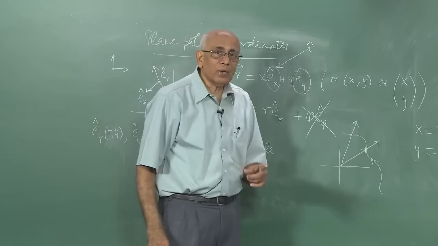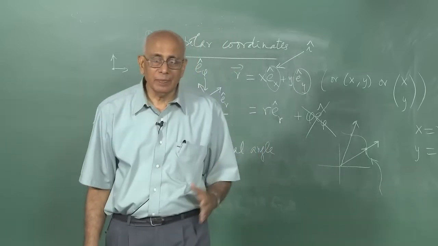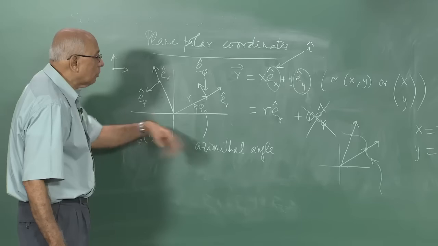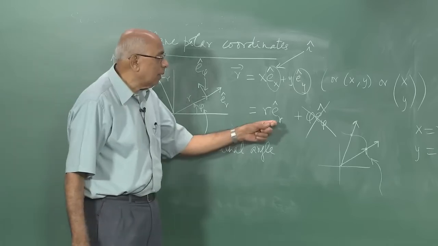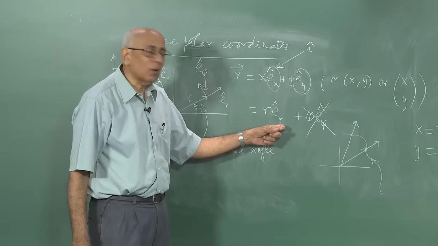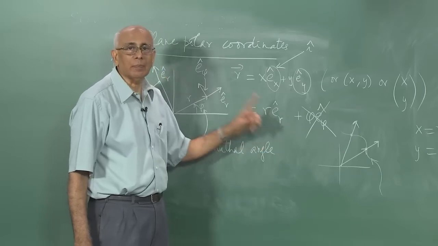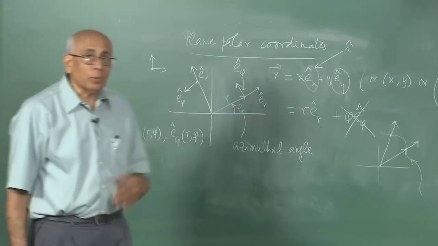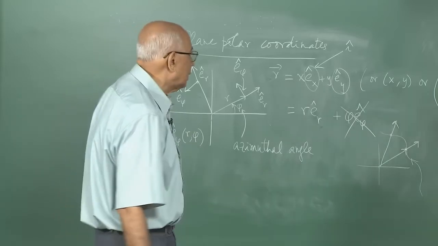So the unit vector also changes with time as the coordinates change with time, and therefore if I am going to compute velocities and so on, I must make sure that I also take into account the variation of the unit vector with time. This is going to be important and it is going to prove to be an advantage, as we will see later on.